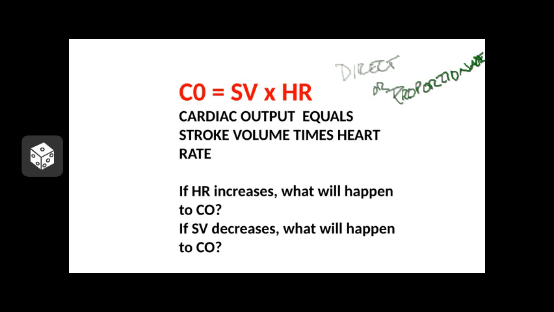In other words, if heart rate increases, cardiac output will increase. If stroke volume decreases, cardiac output is going to decrease. So they are proportionate.